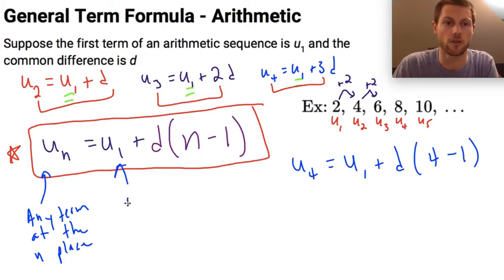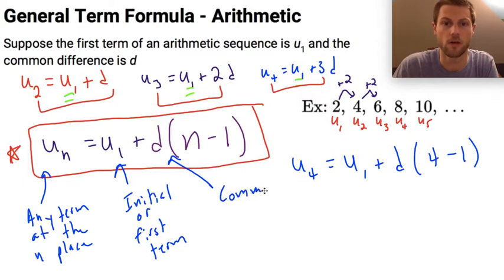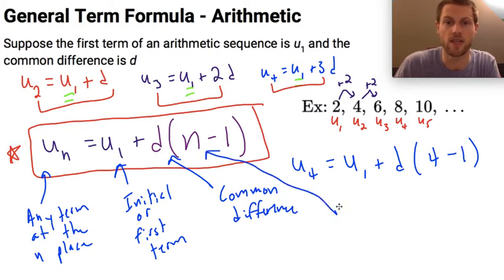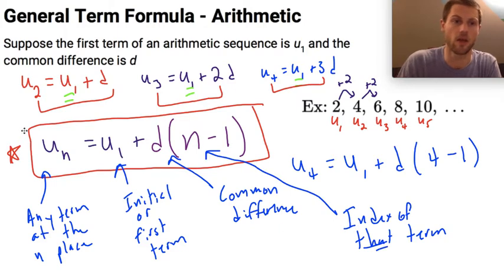This is going to be my initial, or first, term. d, that's my common difference. And I'd say then that n is kind of like the index of that term. And when I say that term, I mean this u sub n. So u sub 3, when n is equal to 3, is the third term.